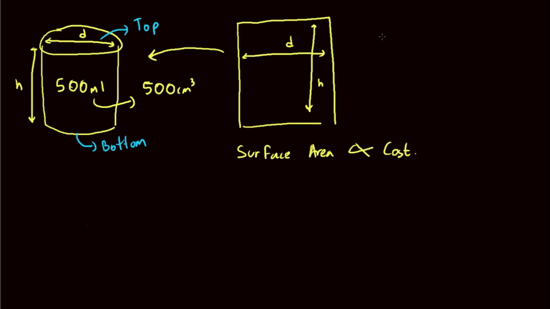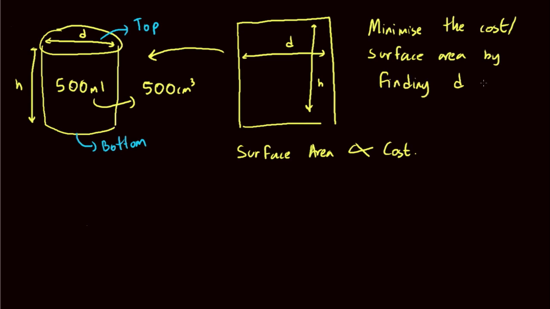And the question wants to minimize the cost, also known as minimizing the surface area, by finding the right D and H. So what I want you to do is pause this video and try to attempt this problem. It's a solid can, meaning we of course have to include the faces. So it's a solid metal can.